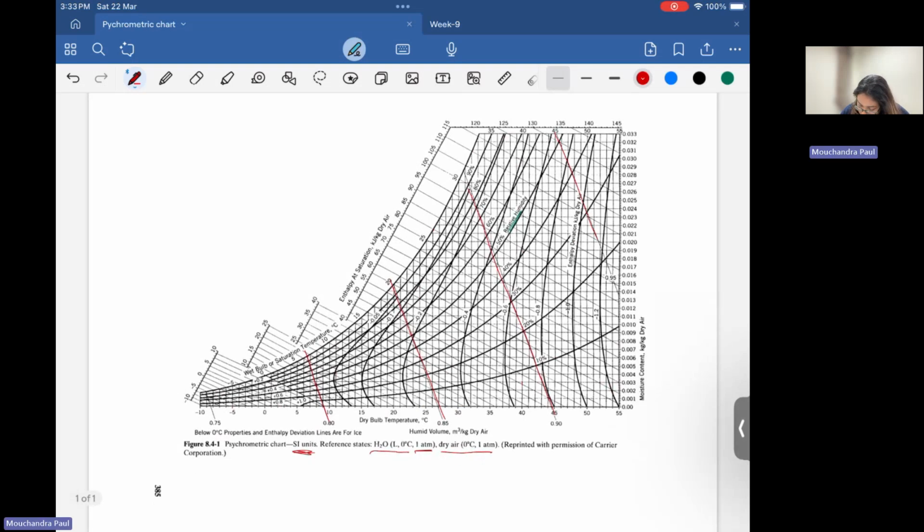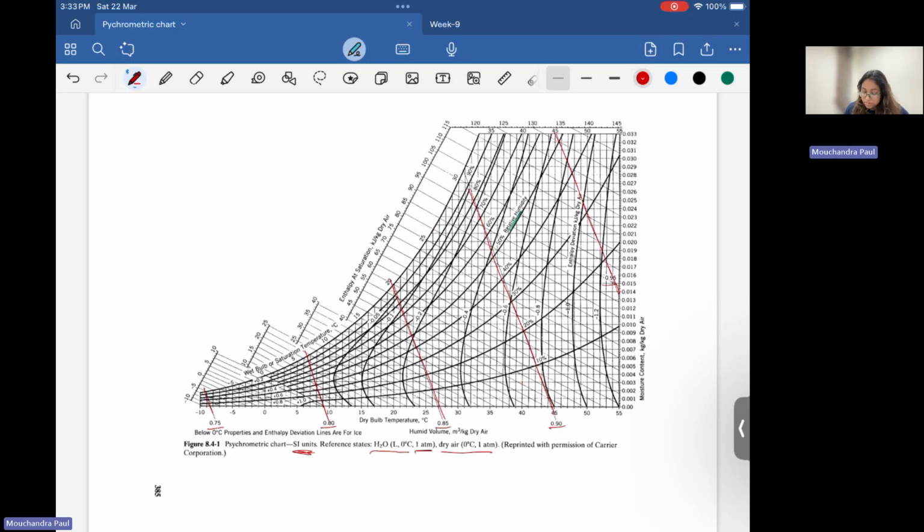There are only 5 constant humid volume values given: 0.75, 0.8, 0.85, 0.9, and 0.95. So in order to get a value in between, we have to do some interpolation.